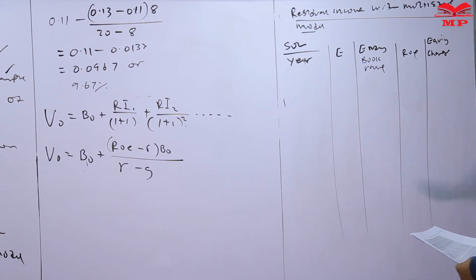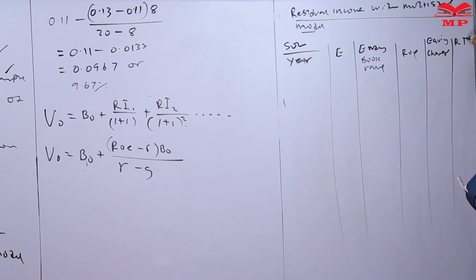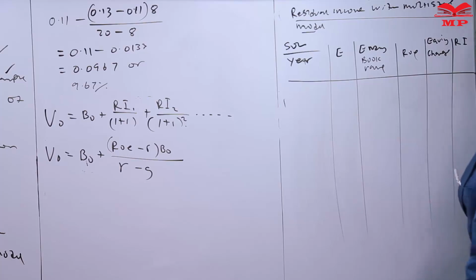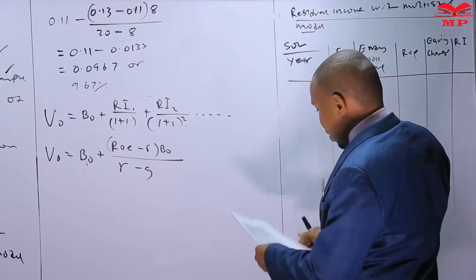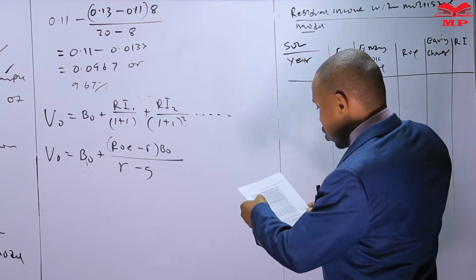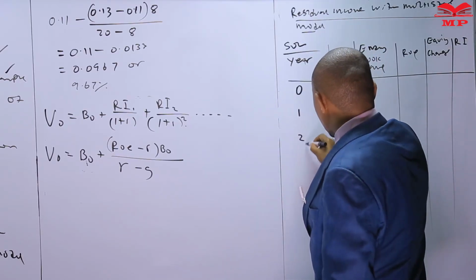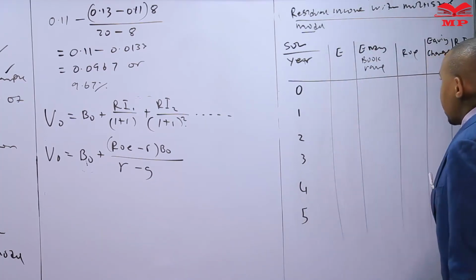And then finally, we have the residual income, RI. So this is the best way we can solve this question. How many periods do we have to go through? We've been told up to 5 periods. So we start with 0, 1, 2, 3, 4, and 5.